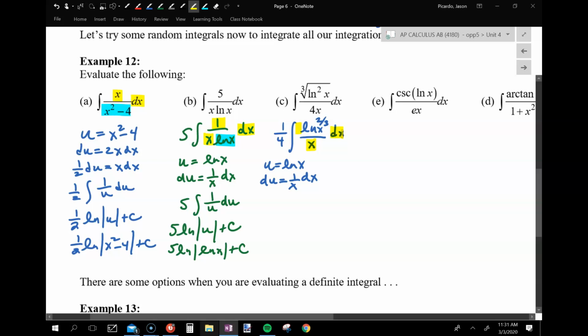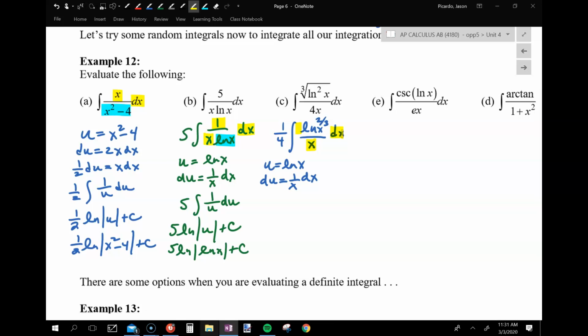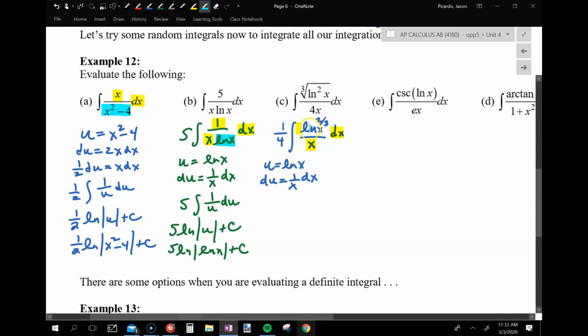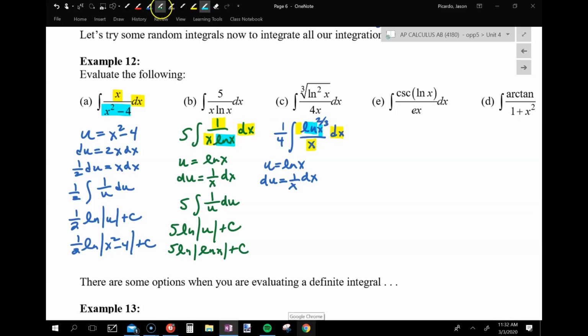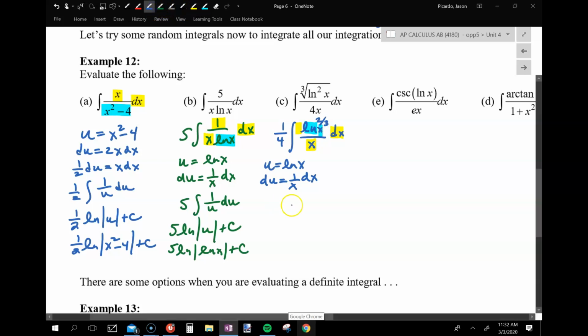I didn't put the 1 there, but you get it. And my u, right? There's my u. So we write this as 1/4 of u.